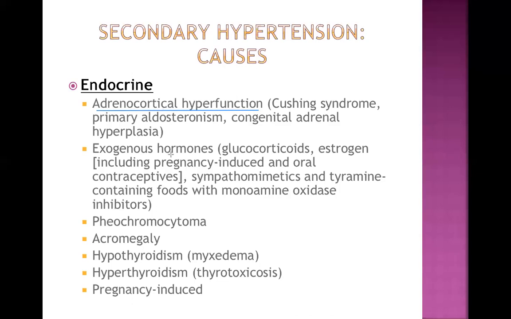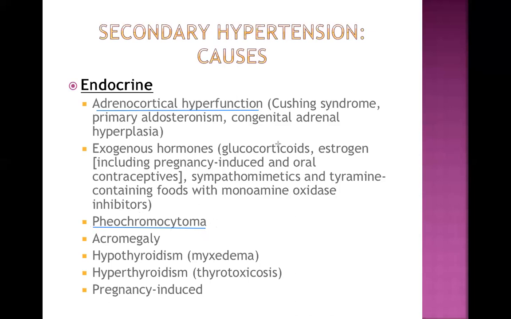There is a disease which is known as pheochromocytoma. You can see it right here. Pheochromocytoma is a tumor which develops in the adrenal medulla, and this tumor is producing catecholamine. That means epinephrine and norepinephrine. So there is a high chance of high blood pressure here.